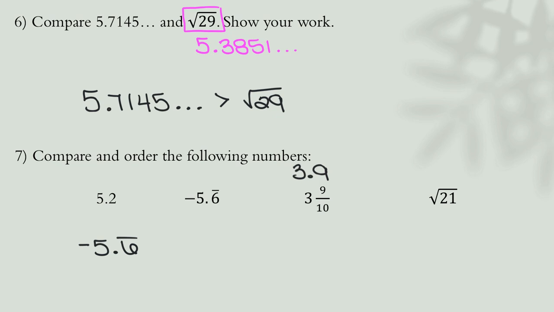But we do have the square root of 21. We need to change that one. Rachel. 4.58. Okay, so which would be the next one in our list? Lucy.